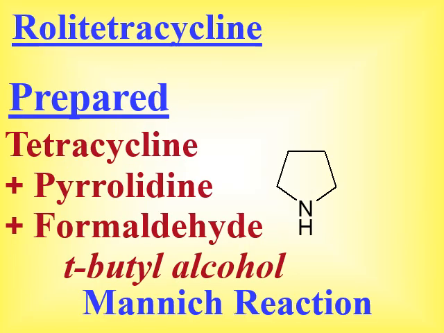The last synthetic one is rolitetracycline. Tetracycline is not water soluble enough to give intravenously to form a parenteral solution. So we solve this problem by forming rolitetracycline to give tetracycline intravenously. This compound is highly water soluble, used parenterally, and we can also use it orally.